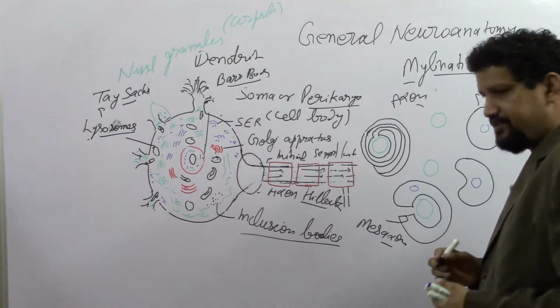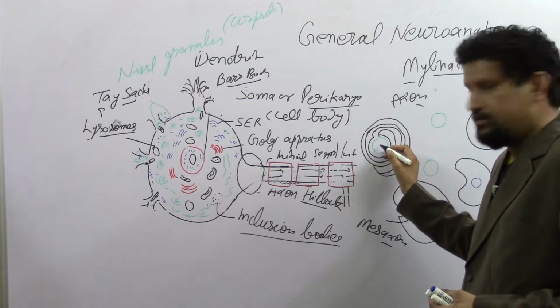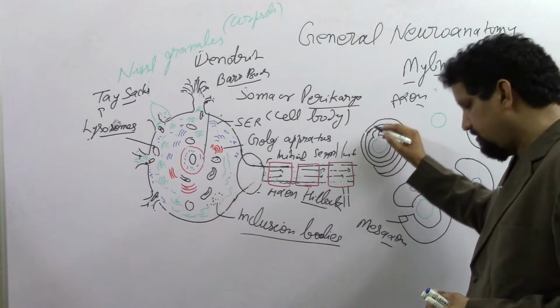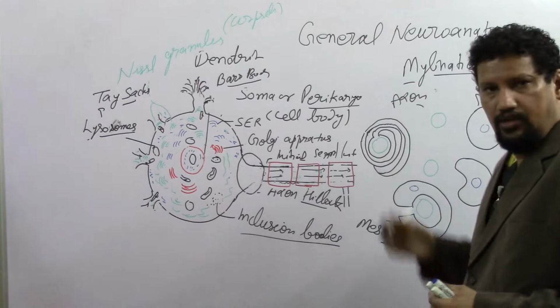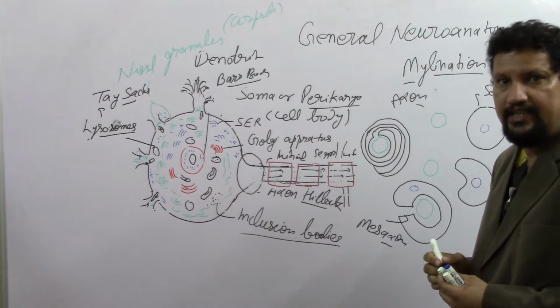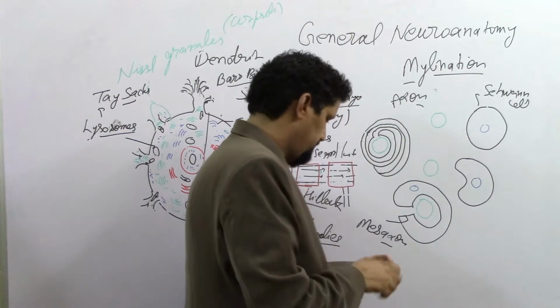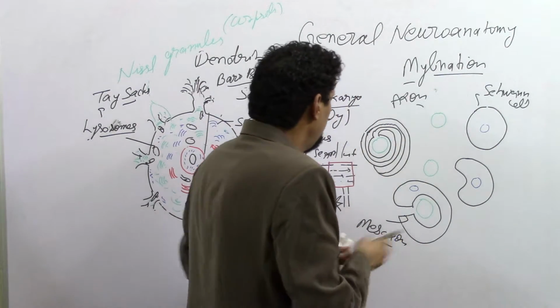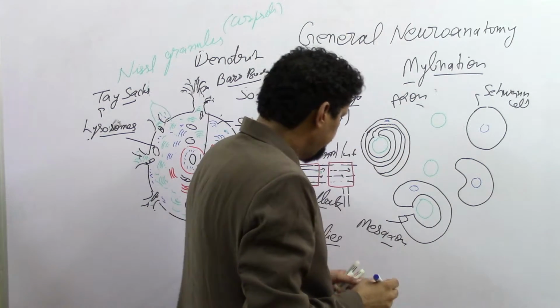So in the later part of myelination, there is the axon, here is the mesoaxon. This mesoaxon will encircle the axon to form a concentric layer of the mesoaxon, and here is the nucleus of the Schwann cell.